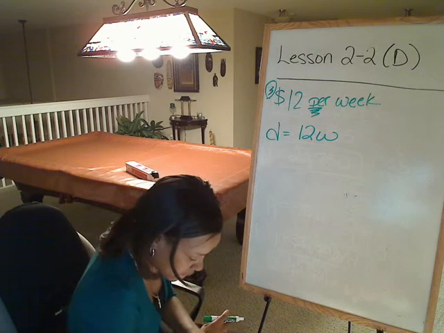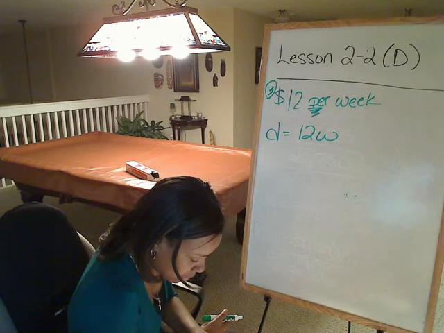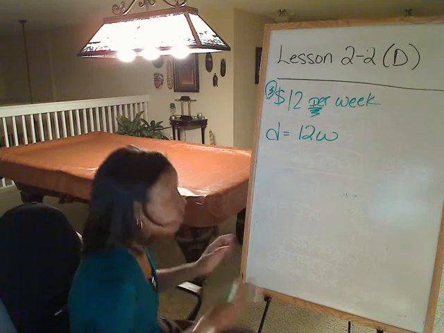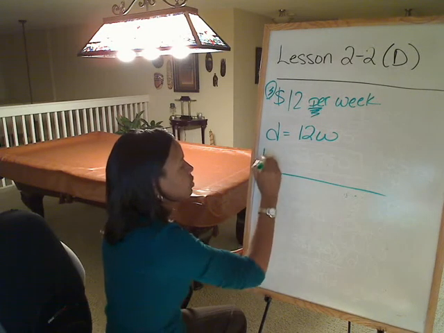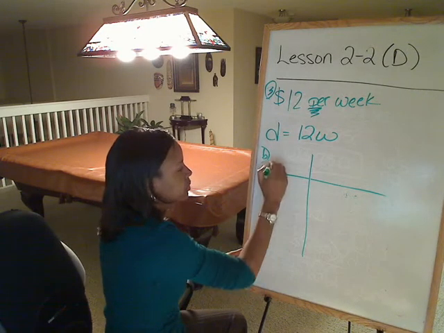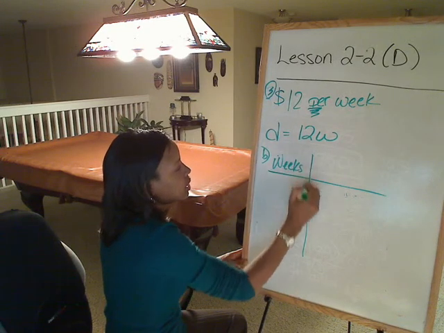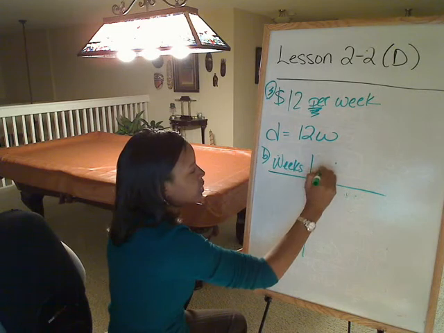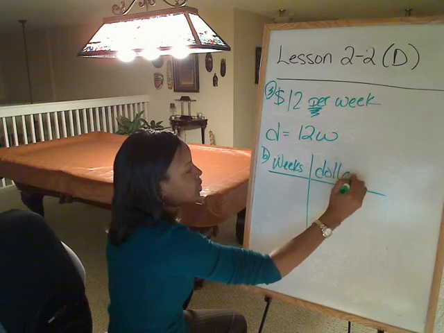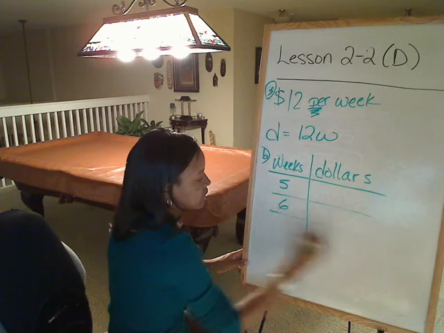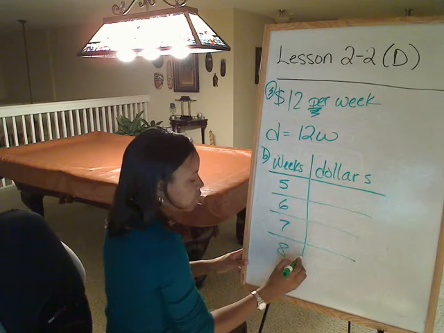So part B says make a table to find out how much he's going to get for 5, 6, 7, or 8 weeks. So here's my table. This is part B. Here is the weeks. And here is the dollars. So they said they wanted to know for 5, 6, 7, and 8 weeks.